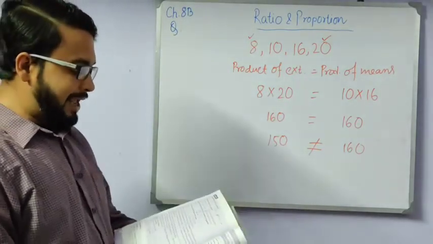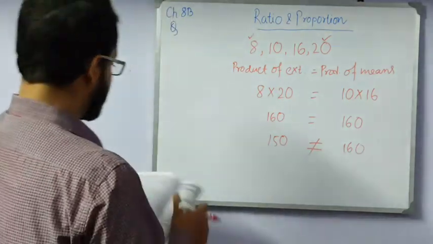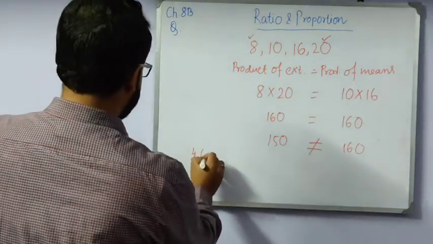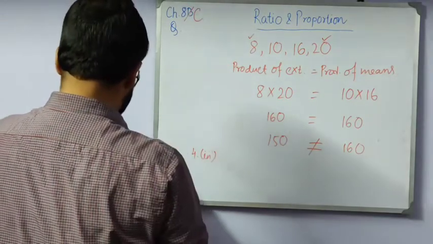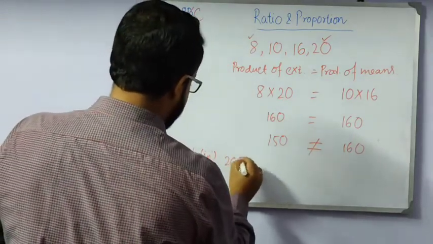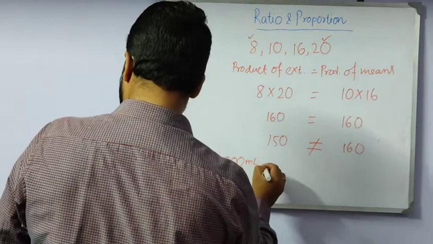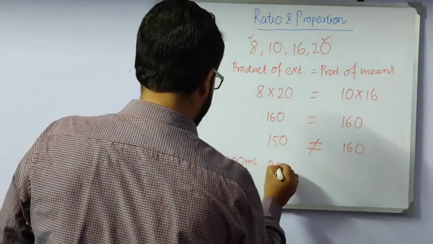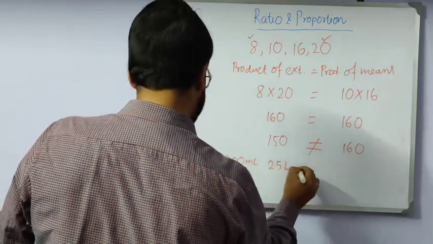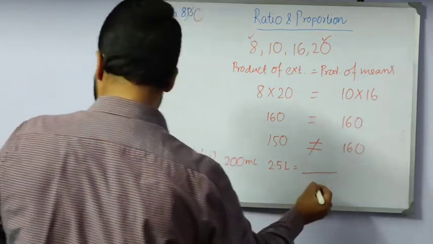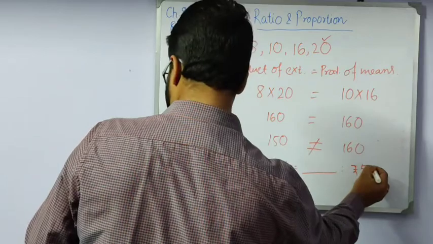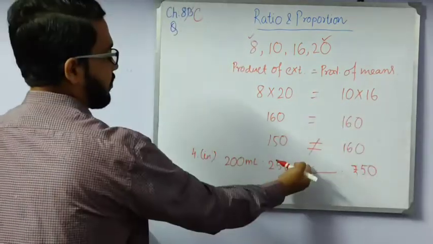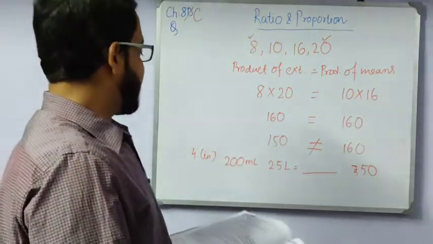4(3): fill in the blanks to make the following statements. 2. Chapter 8C, 200 ml is to 2.5 liter is equal to dash is to rupees 50. Fill in the blanks.